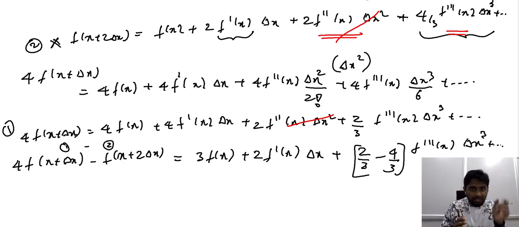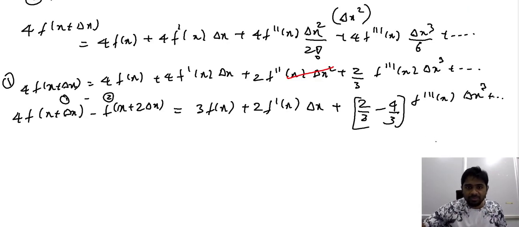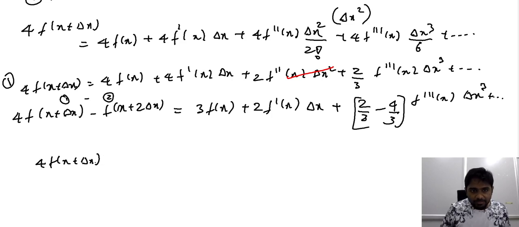Now we are separating 4 f of x plus delta x minus f of x plus 2 delta x. When we do that, we end up with an expression of this sort, and now we can replace all these terms.